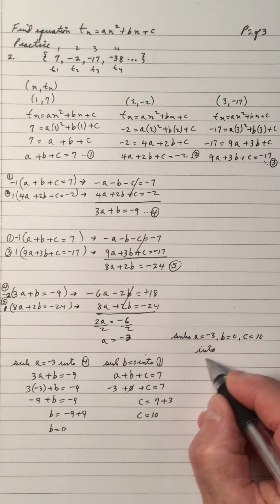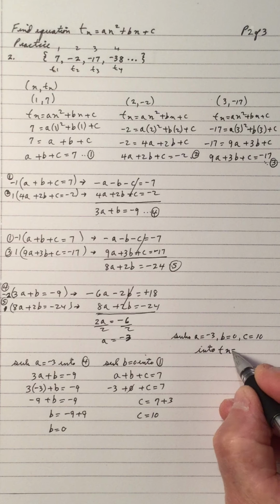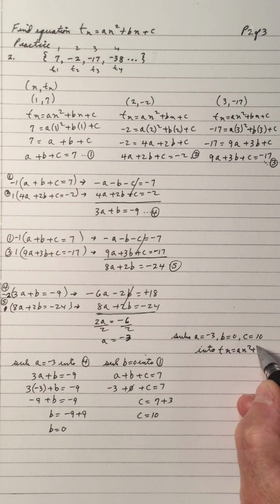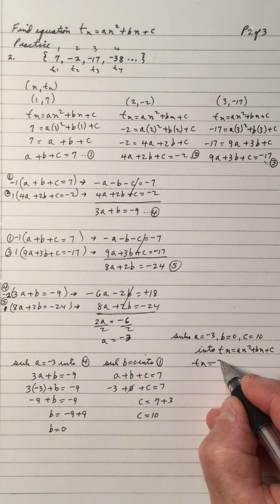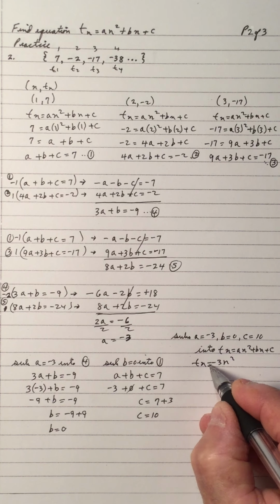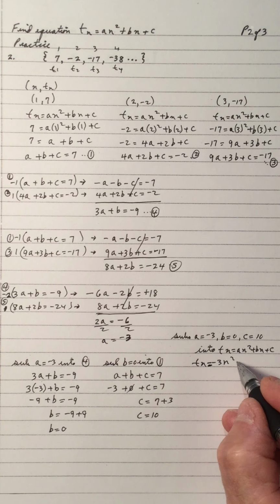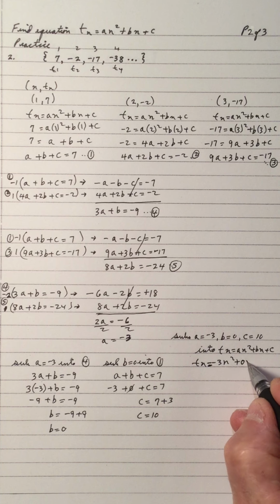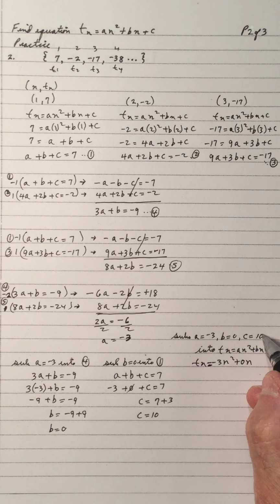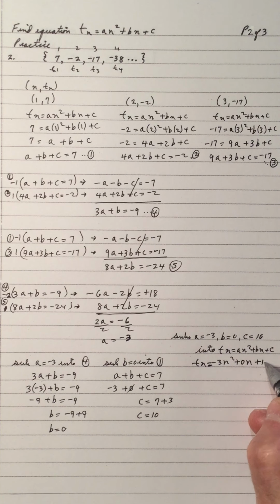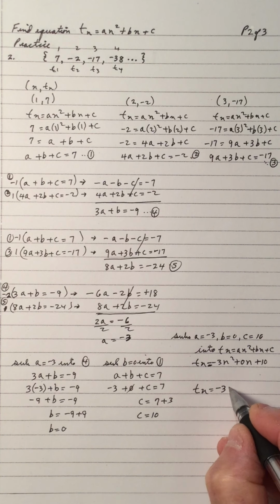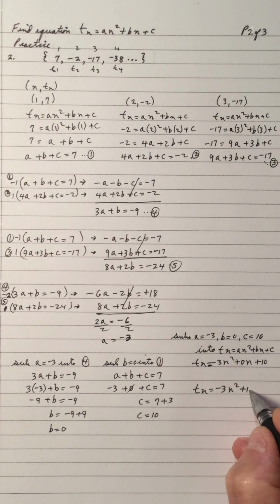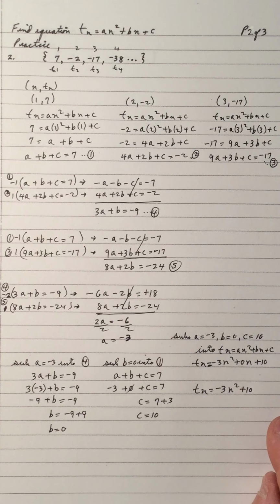So I sub it into Tn equals An squared plus Bn plus C. So Tn, A is -3, so that's -3n squared, B is 0, and C is 10. So the equation is Tn equals -3n squared plus 10.